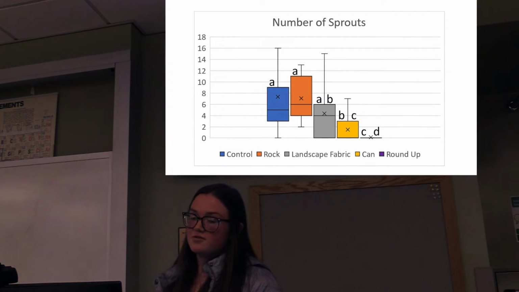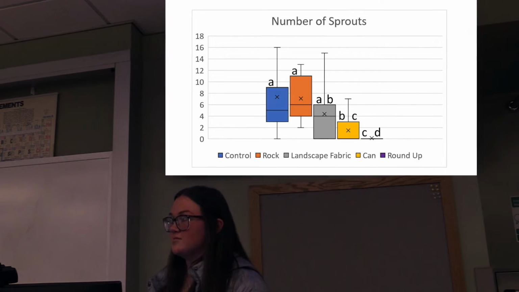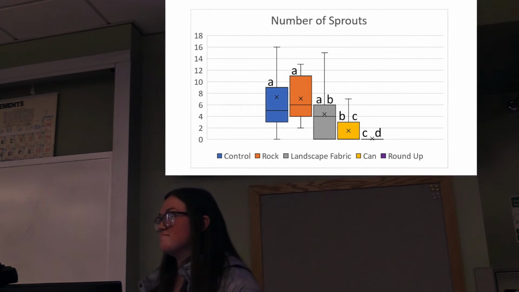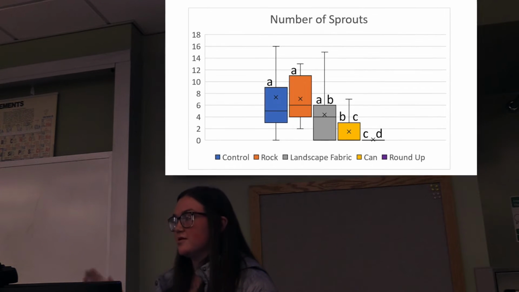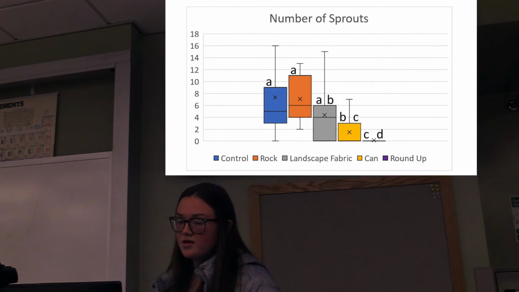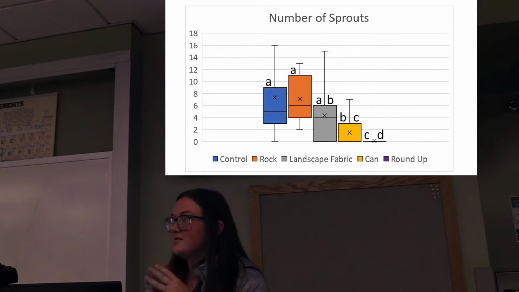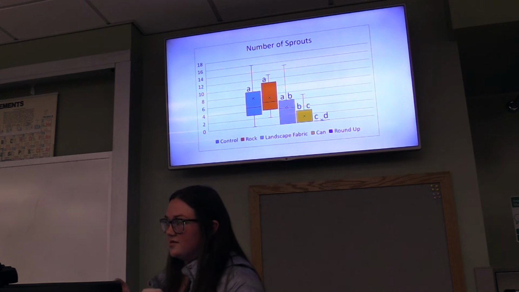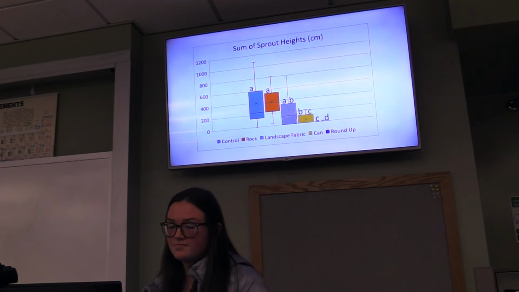The landscape fabric and the rock were not effective at all. There was no significance to them. I thought the rock might work, but the sprouts just grew up and around. And the landscape fabric, they ended up growing out the sides at the bottom of it, not out the top. But the Roundup did well.